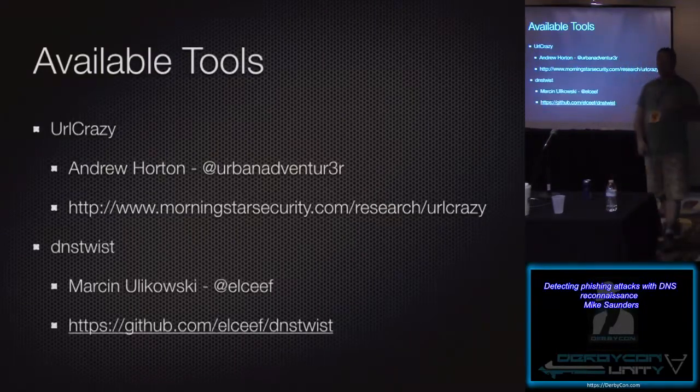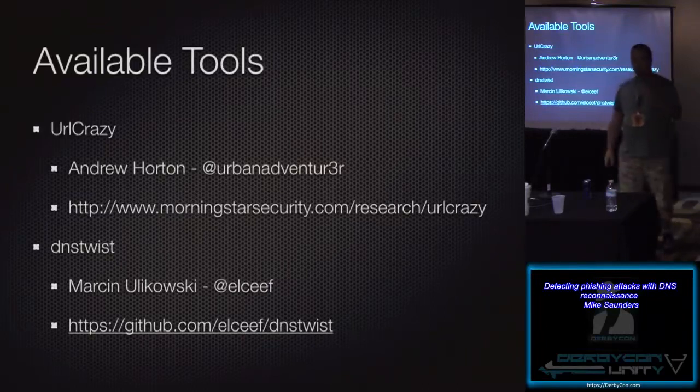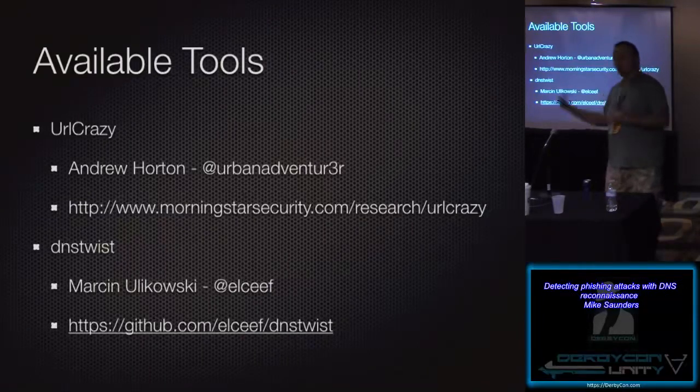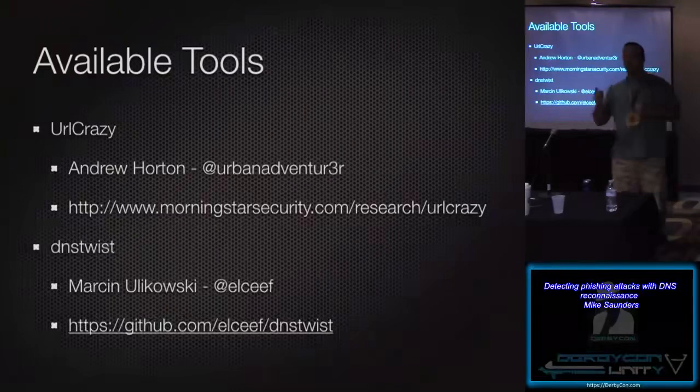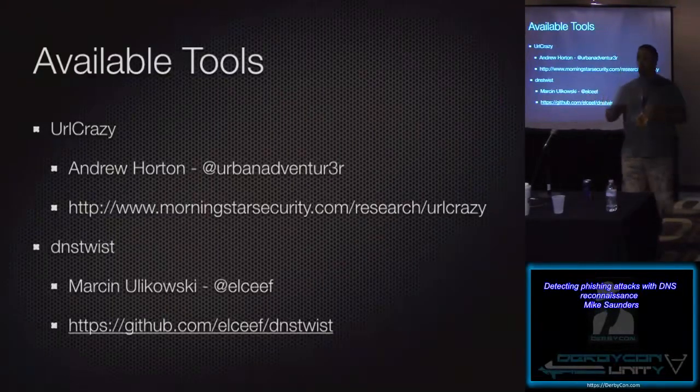More recently, Marcin Ulikowski wrote a tool called DNS Twist. And it's a Python tool that does a lot of the same things. You give it a domain name, and it generates output. Now, both of these tools do one thing that you can use as a defender. They have the ability to tell you if a domain name is registered or not.